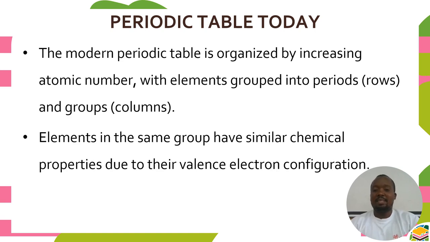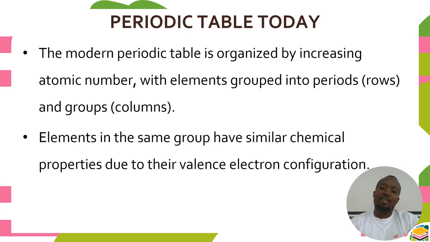And those elements in the same group have similar chemical properties due to their valence electron configuration. So they will always show similar chemical properties. Why? Because the valence electron configuration is always the same.